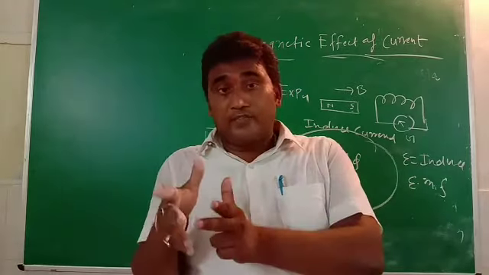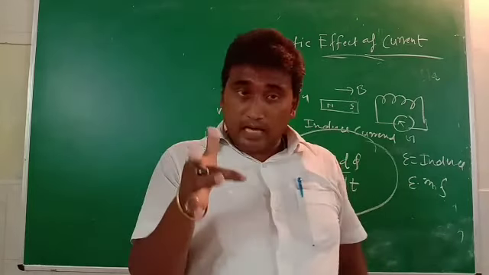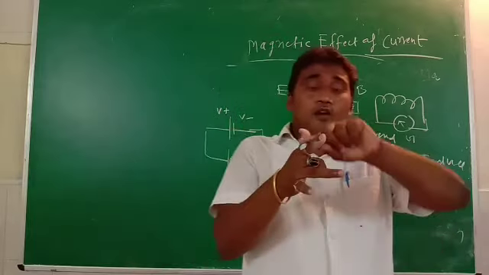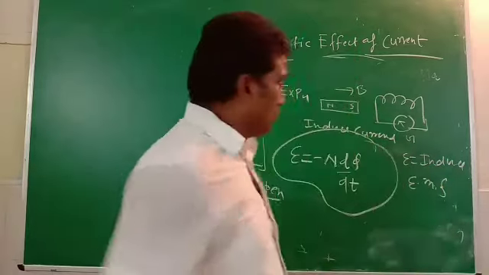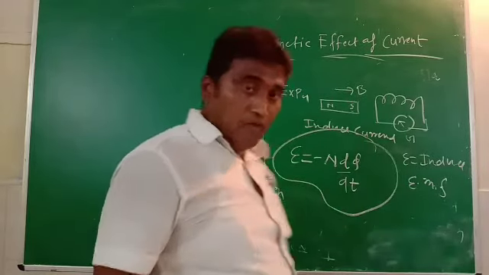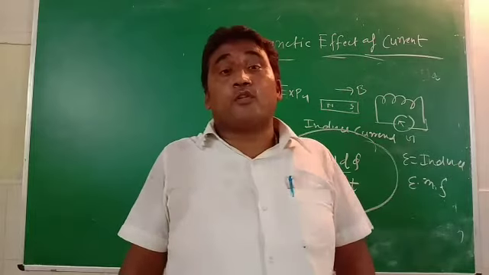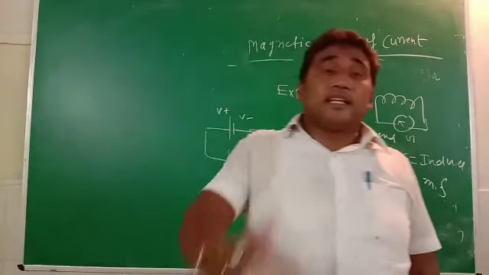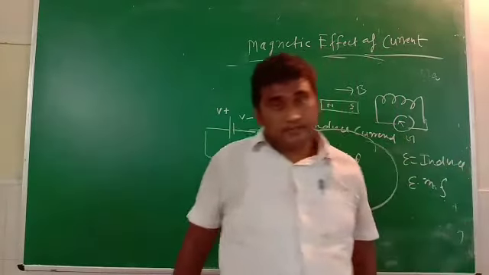That is different from Fleming's left hand rule. And now we explain the different types of methods, how we induce current in the device by the process of electromagnetic induction, through the Faraday experiments.